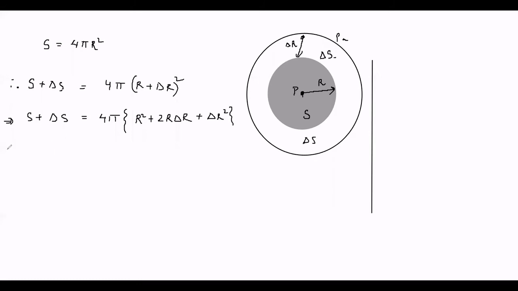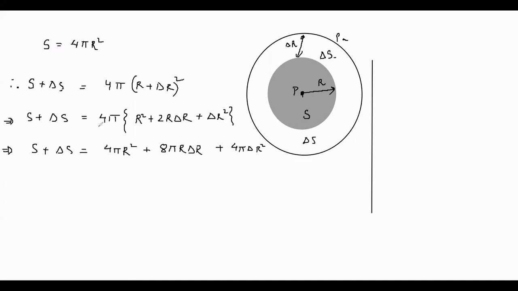So multiplying, S plus delta S equals 4 pi R square plus 8 pi R delta R plus 4 pi delta R square.